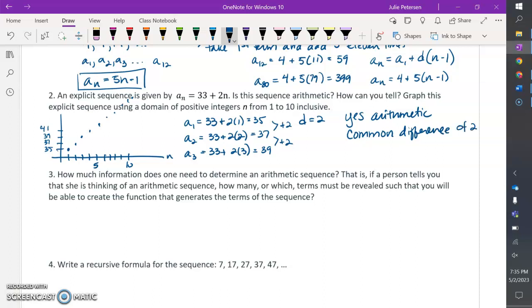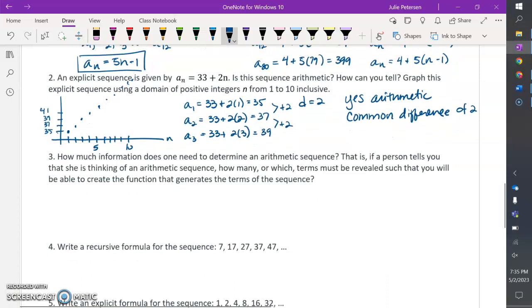And all arithmetic sequences are going to have common differences. Okay, so seeing that what we're dealing with are really sort of linear functions that are not continuous, they're discrete, so we just have these points that are disconnected.